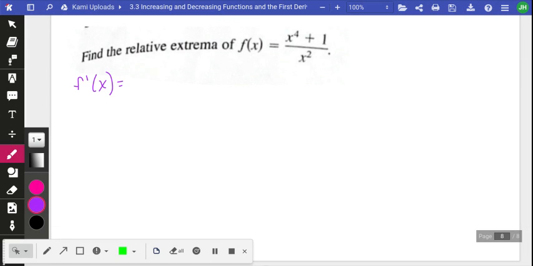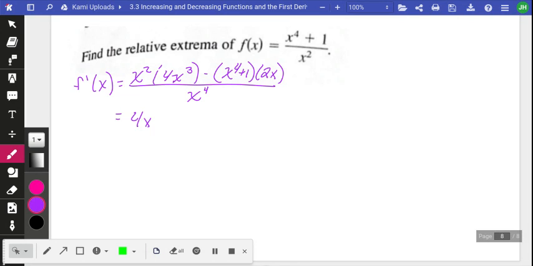So we will do the bottom times the derivative of the top minus the top times the derivative of the bottom all over the bottom squared. X squared squared is x to the fourth. Okay, so then I will simplify.